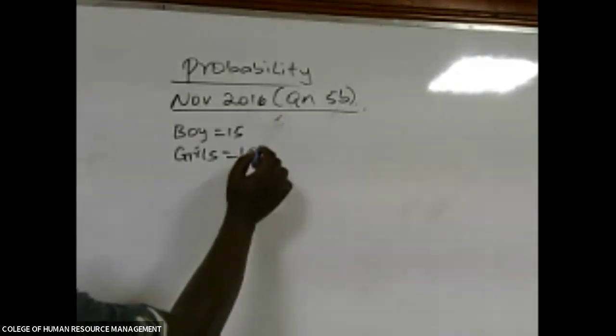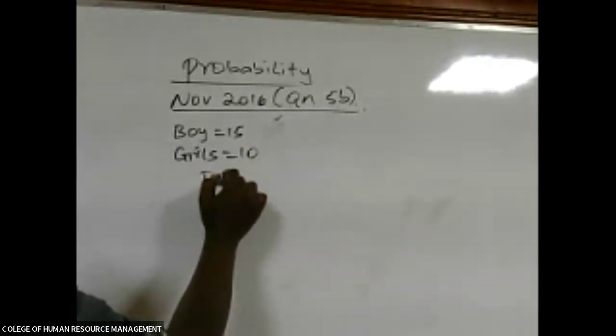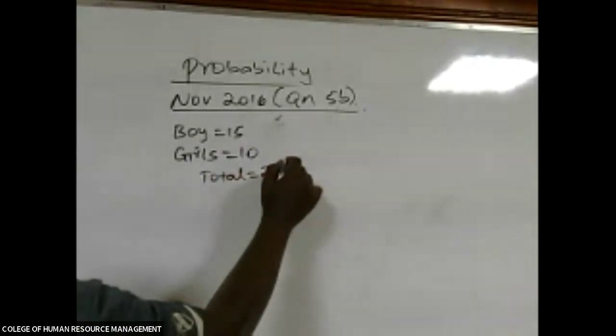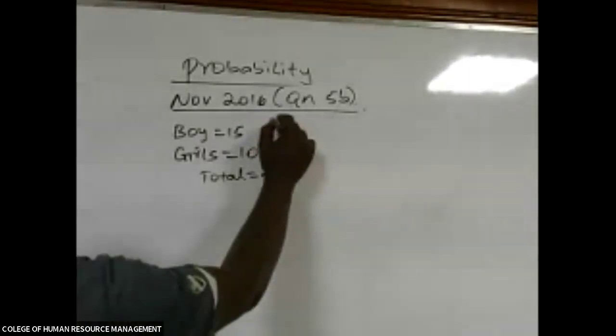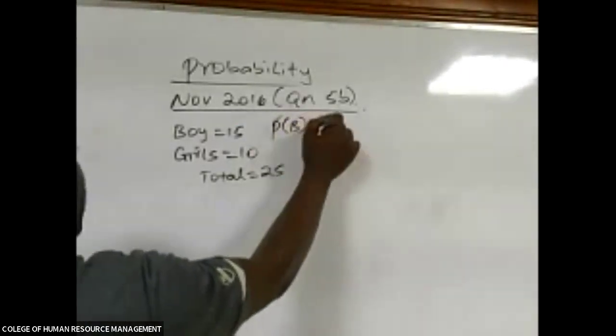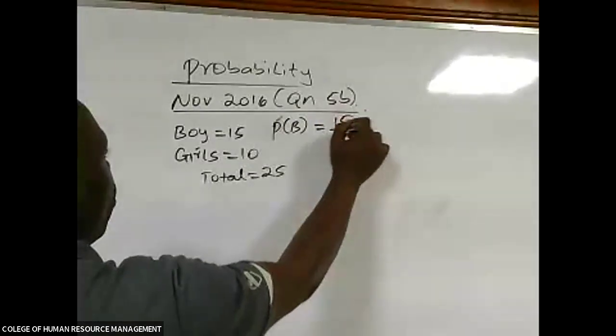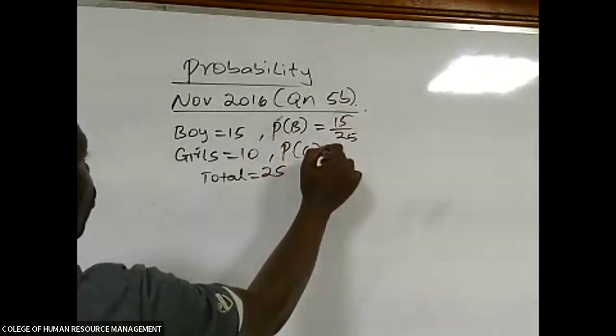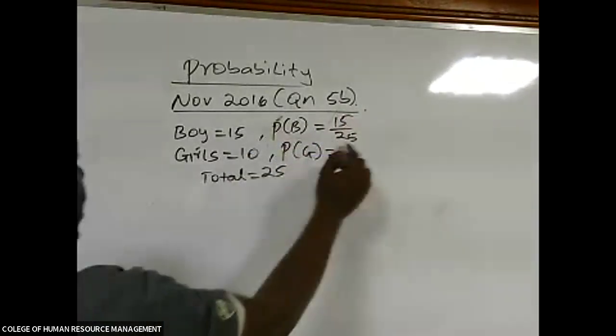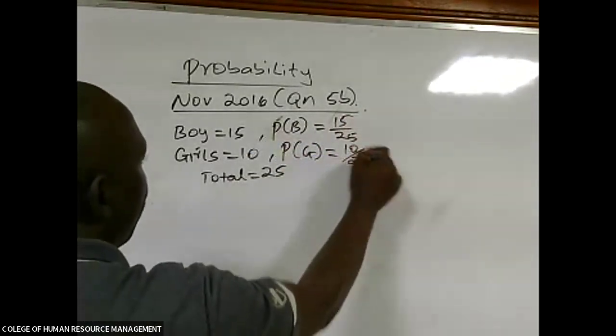So the total students in that class is going to be 25, 15 plus 10. So probability that a boy is going to be picked from that class will be 15 out of 25. Probability that a girl is going to be picked from that class is 10 out of 25.